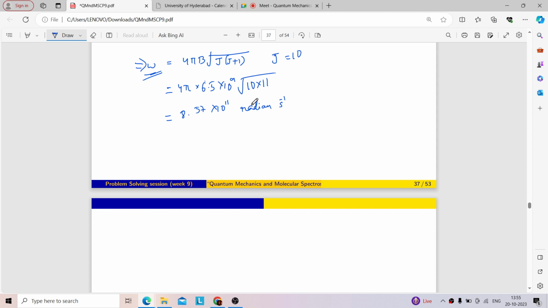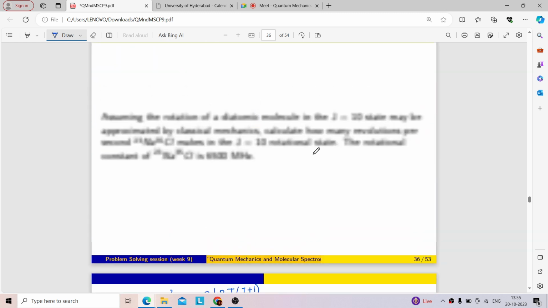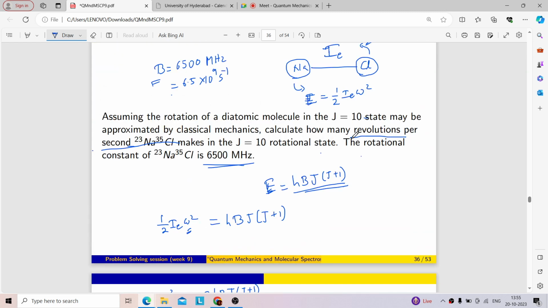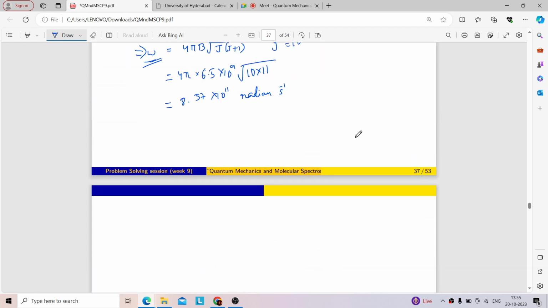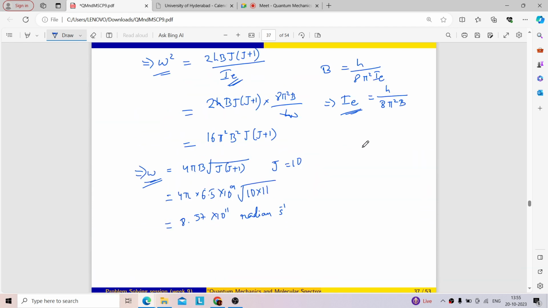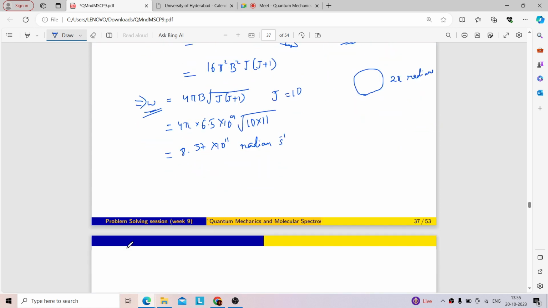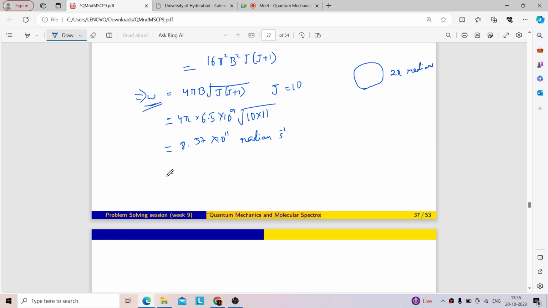Okay, so what is being asked in the question? We need to calculate the number of revolutions per second. One revolution is 2 pi radians. So to calculate the number of revolutions, we have to divide by 2 pi.